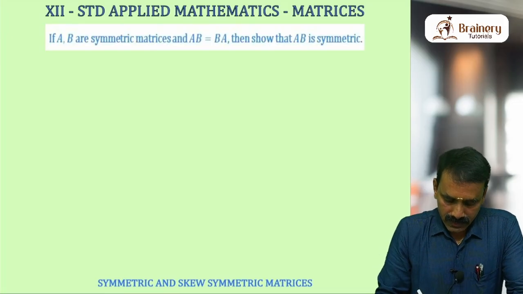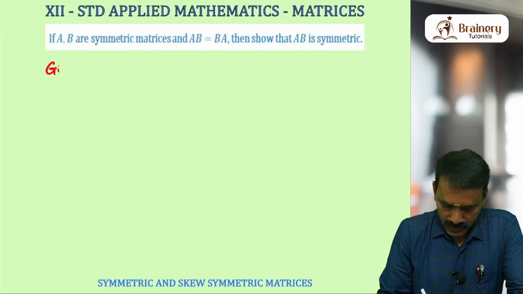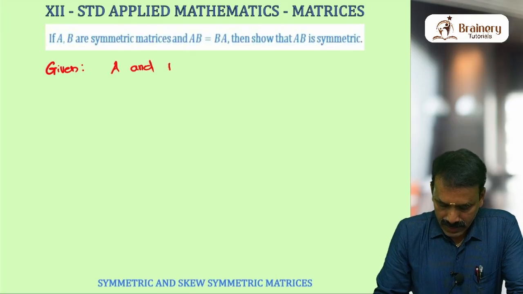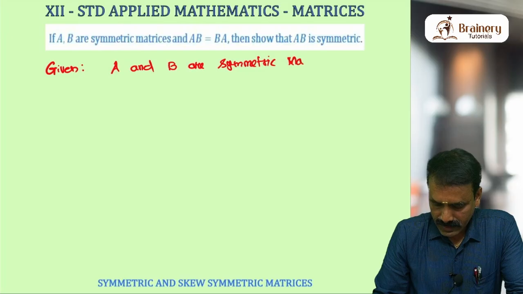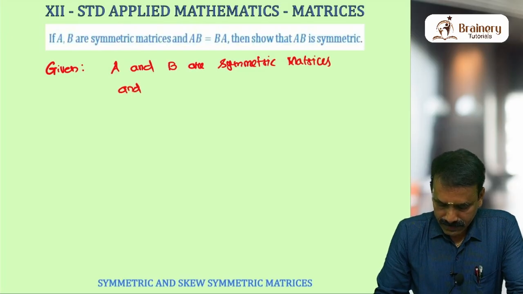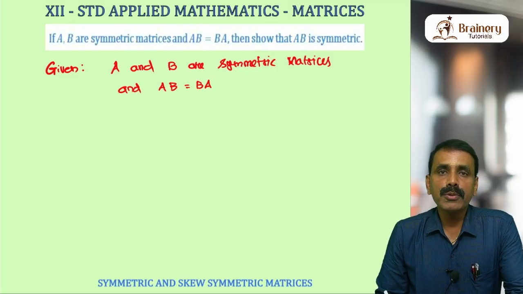So what is given now? Given: A and B are symmetric matrices and AB equal to BA. What we are supposed to prove?